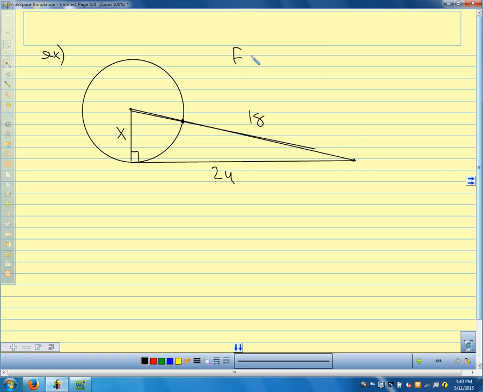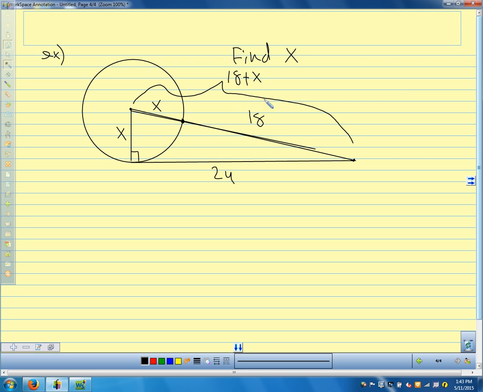And we want to find X. Well, what are we going to do here? Well, Pythagorean theorem, that's a pretty good idea because we have a right triangle there. But we only know this length. Well, how long is this piece? X. It's also a radius. Well, if that's X, how long is that whole side? 18 plus X. You have to add them together.